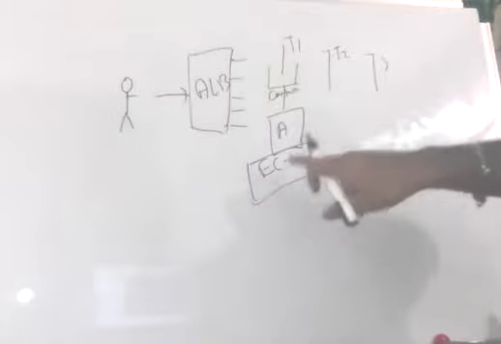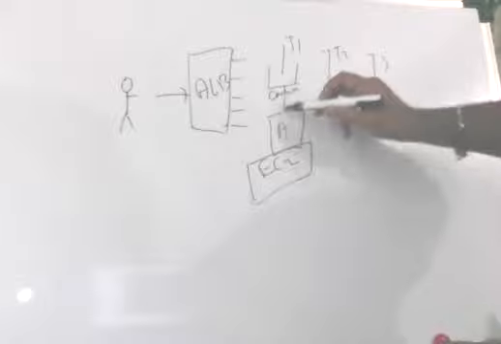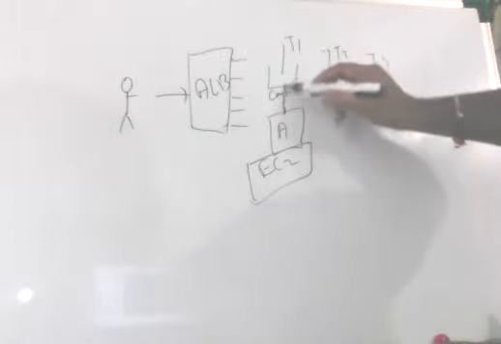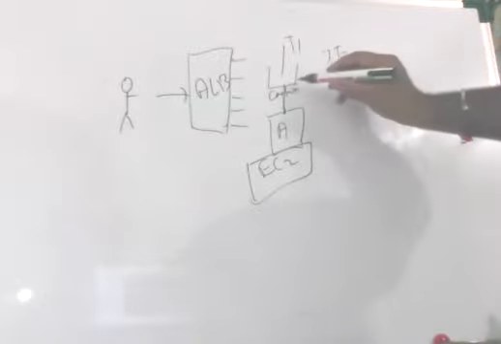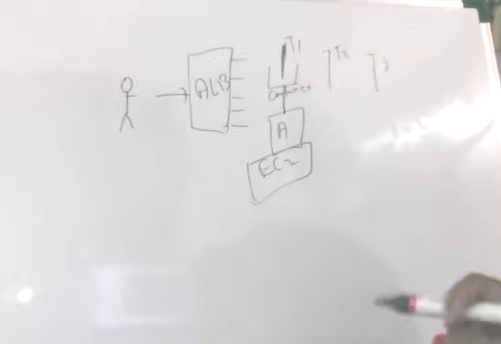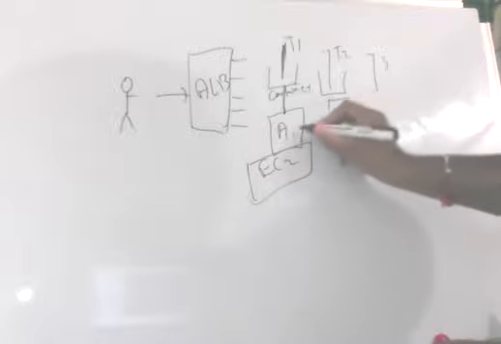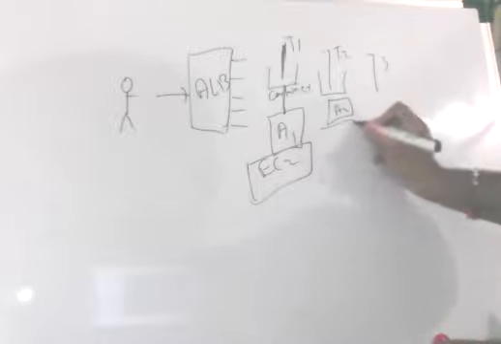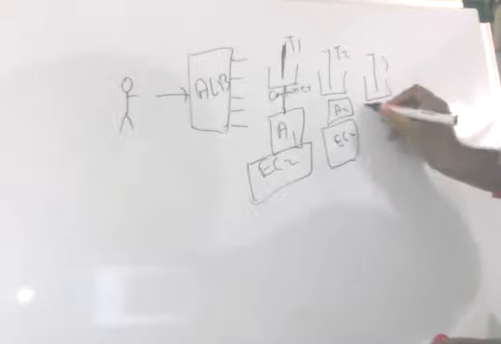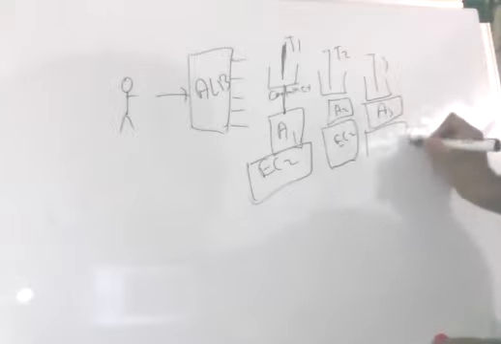So EC2 has Docker, that's why you have a Docker container agent. That agent has a container, the container has a task, and that task is referred to by the ALB. Similarly this is A1, this is A2 of EC2, this is T3 in the container of A3 which is in EC2.